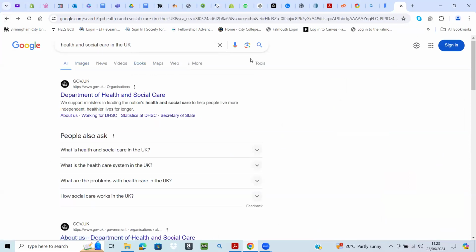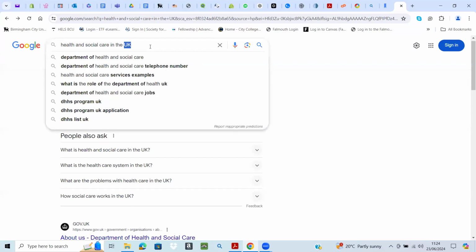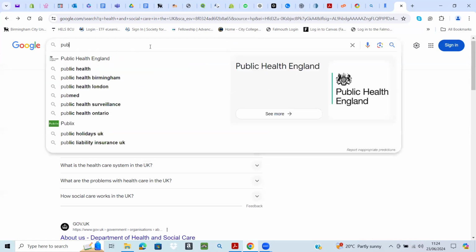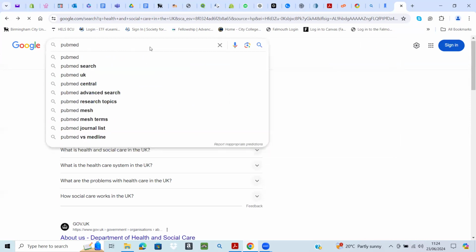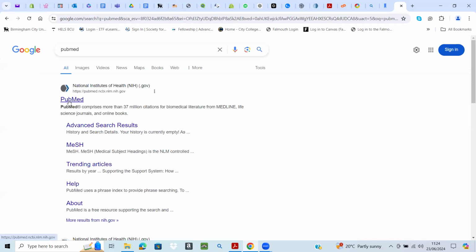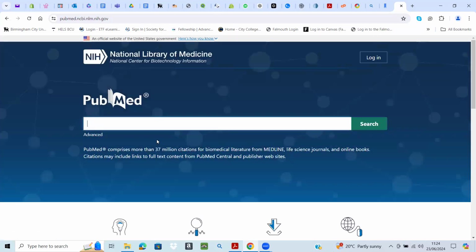And for example, if we have to search for any literature review or systematic review or any research papers, I have given you examples for the research unit. We have discussed PubMed and Science Direct. For example, if we go to PubMed, we could search the related topic.